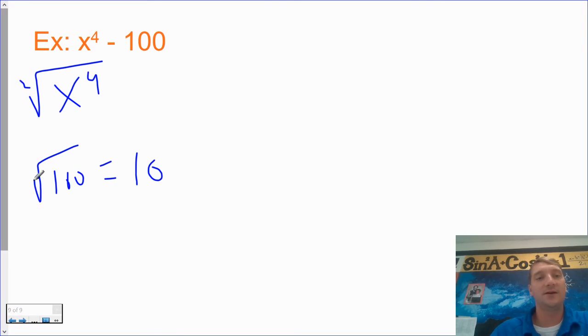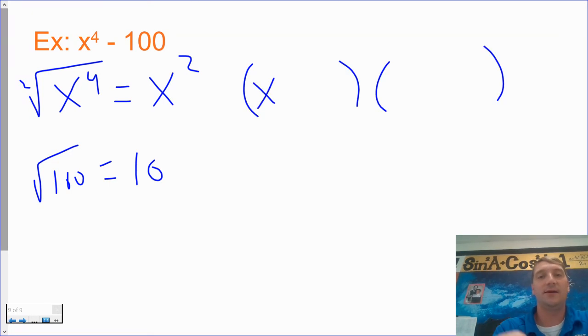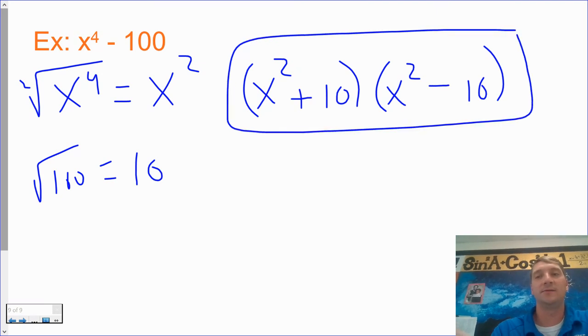So 4 divided by 2 is going to give you 2. So the square root of x to the fourth is x squared. So once we have that, I'll put an x squared in front because I got it first, a 10 second because I got it second. One has to have a plus, one has to have a minus. And so it looks like that. Hope this helps. Thanks.